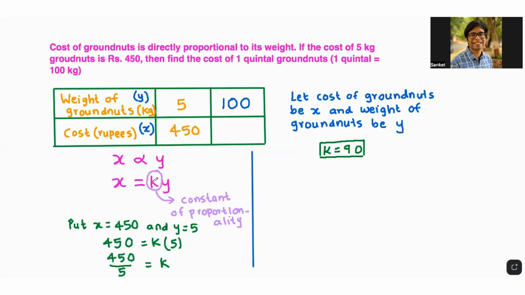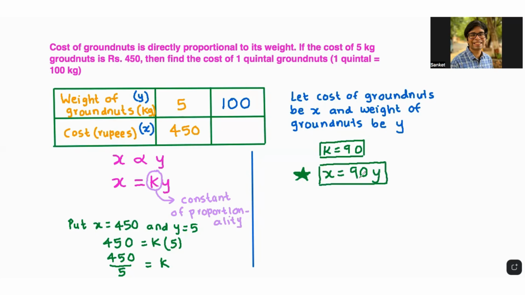So I'm going to put it back over here to get my equation of variation. So now my equation becomes x equal to, in the place of k, I put 90 because I've found its value, 90y. Now I can keep using this equation of variation. If I get any value of x, I can find the value of y.